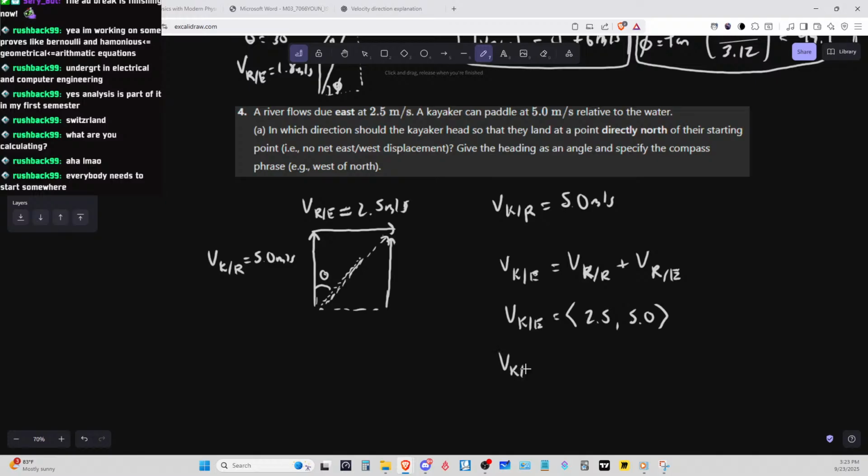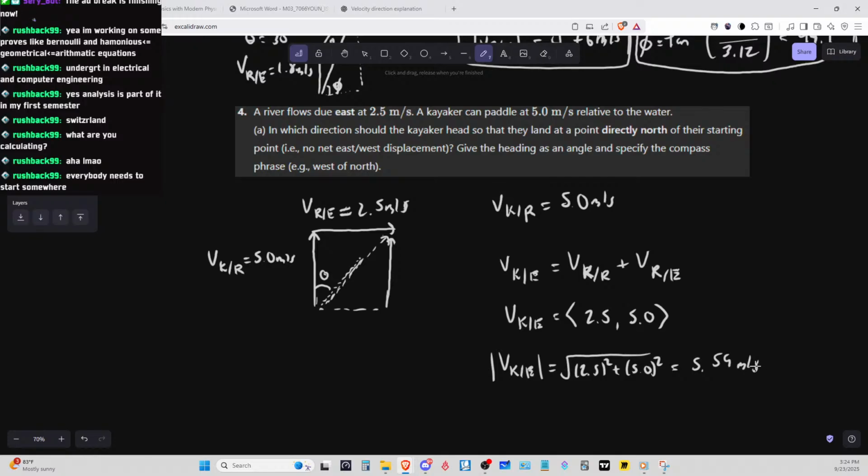And then the magnitude will be 5.59 meters per second.